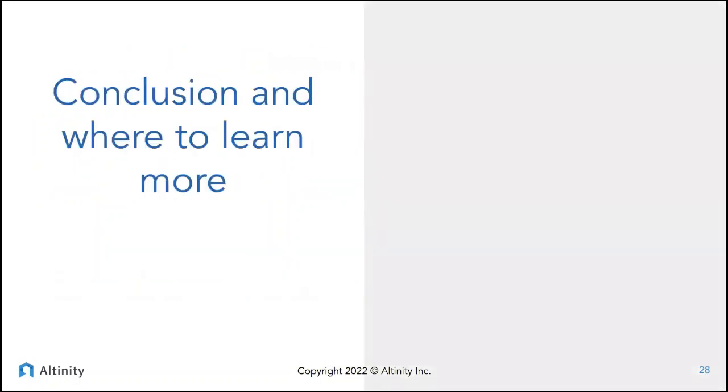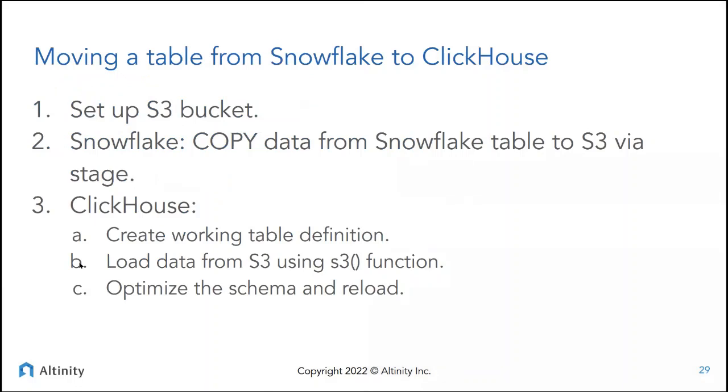So at that point, you basically are done. Moving data from Snowflake to ClickHouse is actually not that hard. As long as you have S3 and you can write it into Parquet, you can move large amounts of data pretty easily. And in fact, the process is really 3 steps if we want to summarize it.